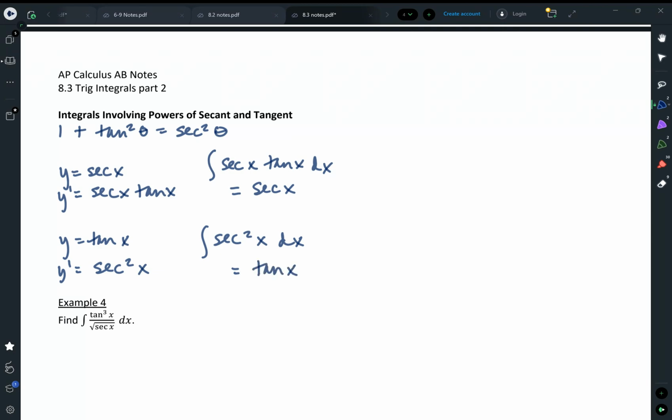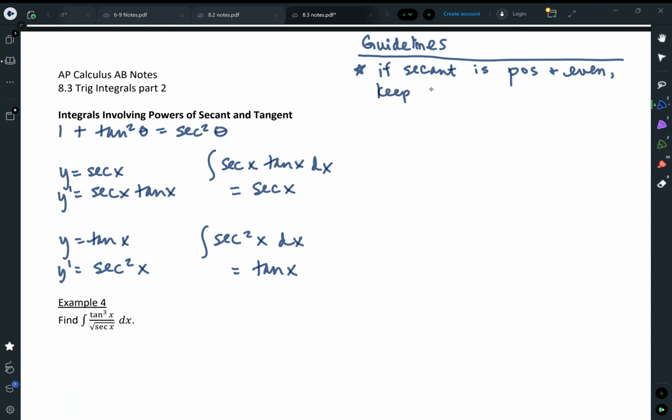So there's a bunch of different guidelines I can write out, and I don't know how helpful they are. For me, I just like to go through and think about the problem and play with it a little bit, but sometimes the guidelines are nice for people that don't know where to start. But they're pretty complicated. If secant is positive and even, we are going to keep the secant squared x, because it's going to be part of our du.